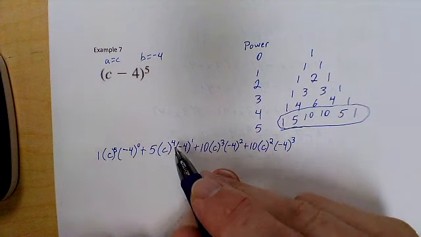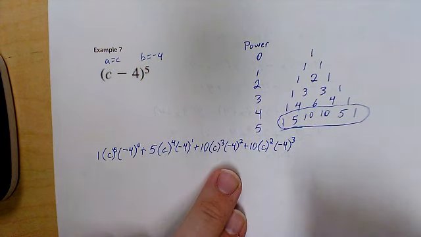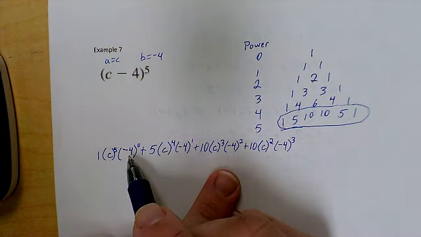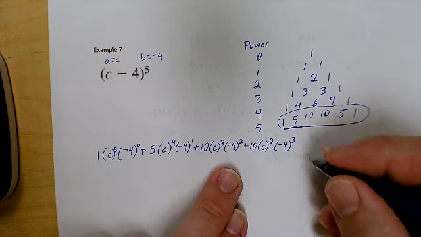Remember that the C's exponents are going down from 5, the -4's exponents are going up from 0.